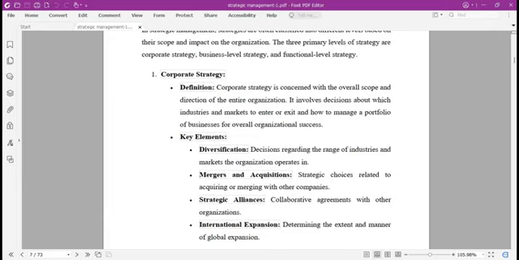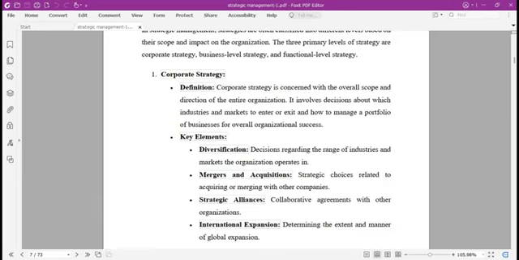A corporate strategy is concerned with the overall scope and direction of the entire organization. It involves decisions about which industries and markets to enter or exit, and how to manage a portfolio of businesses for overall organizational success.